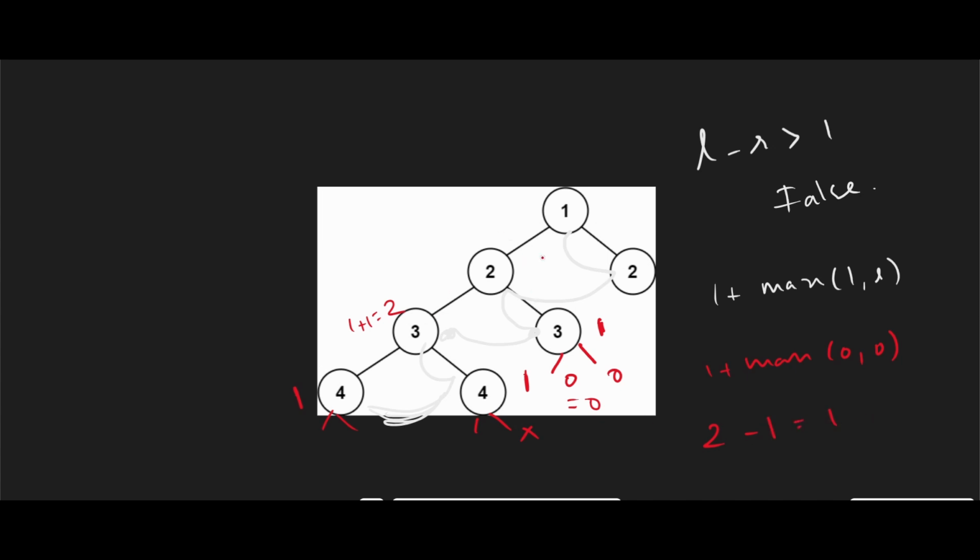Now moving up, the left subtree will be assigned a value of 3 because the maximum between 2 and 1 is 2, plus 1 is 3. And then when we go to the right subtree, it will be 1 because there are no subtrees. Then if we try and find the difference between that, we get the value as 2, which states that our given tree is not balanced.